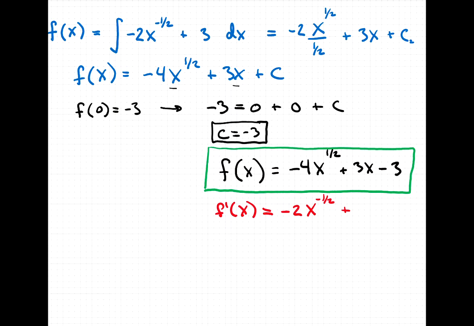So the derivative of the 3x will be a +3, and the derivative of the -3 would be 0. So we take the derivative of our derivative. Again, power rule, the -half comes out front. So -2 times -half is 1. So we get x to the -3/2, and the derivative of 3 would be 0. And we get exactly the second derivative of f that we started with.